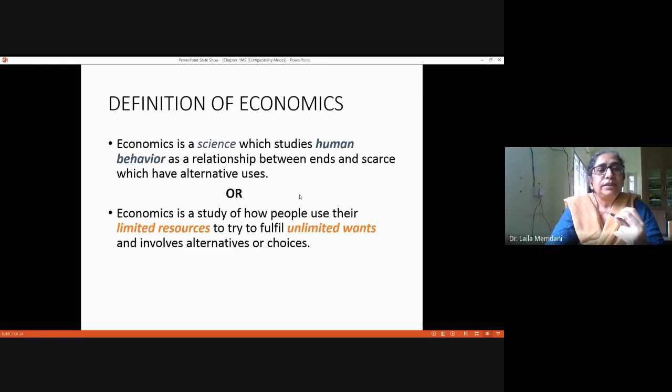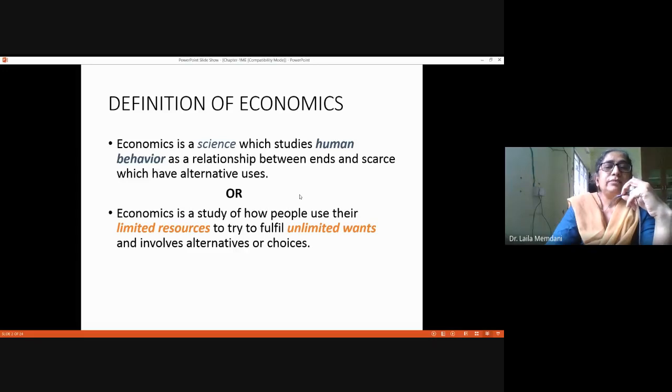For the economy as a whole, the resources are physical resources like land, labor, capital, and organization. But for the economy as a whole, the wants are unlimited. Like the economy may want to establish a school, a hospital, or a company.